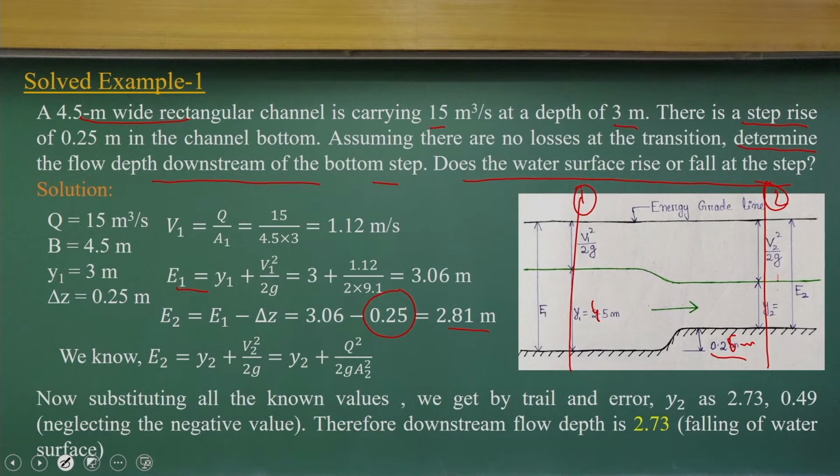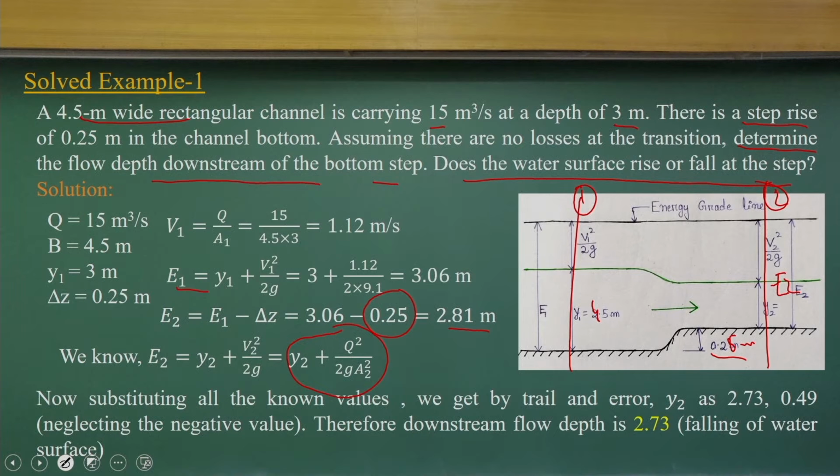As I know the specific energy E2, from that substitution I will get a relationship between Y2 and A2. There are two unknowns, and A2 is a function of Y2 because B is known to us.